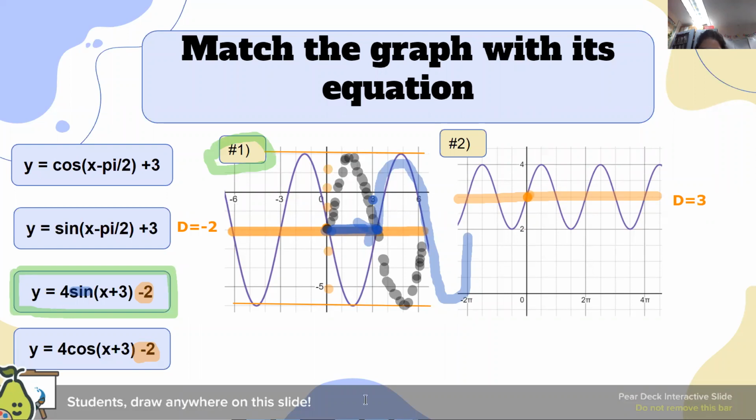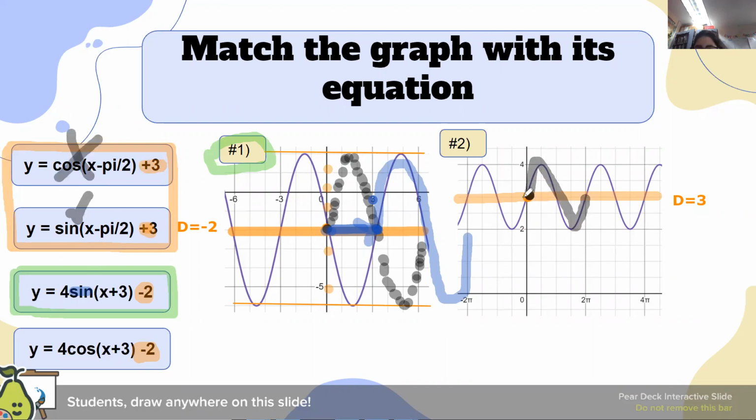So now we are working with the top 2 equations, because we have plus 3. And I have to determine whether I have a graph of sine or cosine. Since I'm starting at my midline and going up and down, that's definitely a graph of sine again, not cosine.